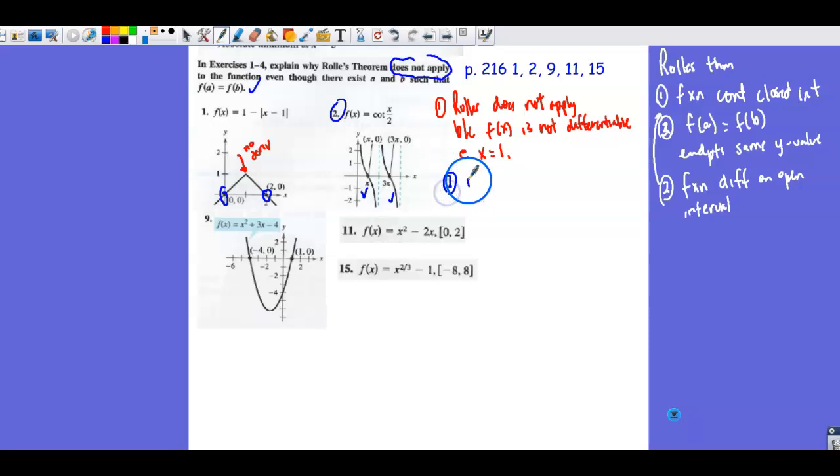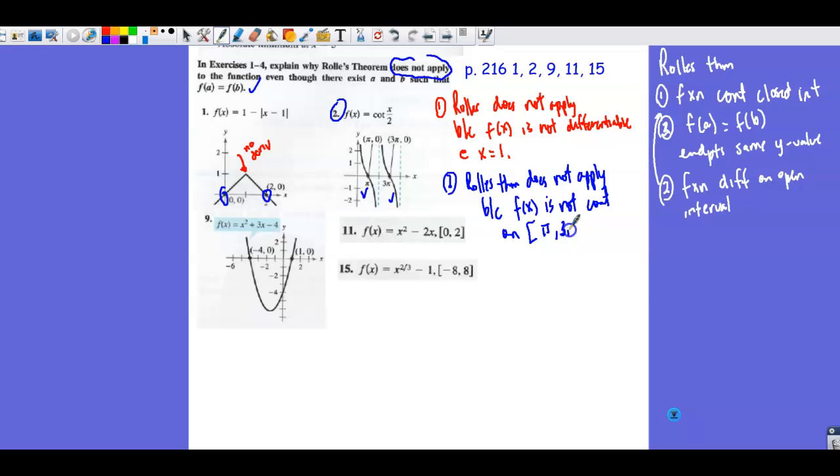So I would say number 2, Rolle's theorem does not apply because the function f of x is not continuous on the closed interval.